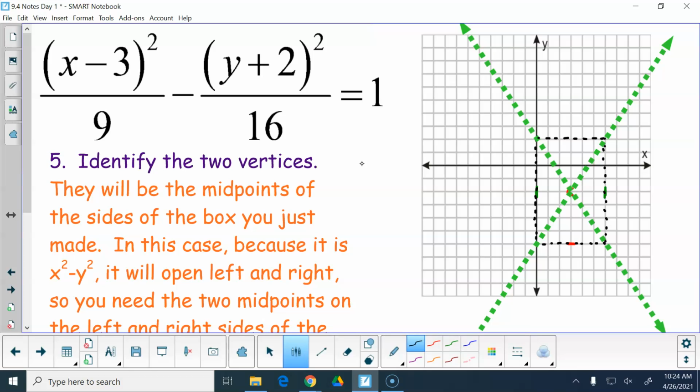So back in step number 1, we said that this was a left and a right hyperbola. So the two vertices are on the midpoints of the left and the right sides of the box. So that's right there and right there. They should be in line with the center.